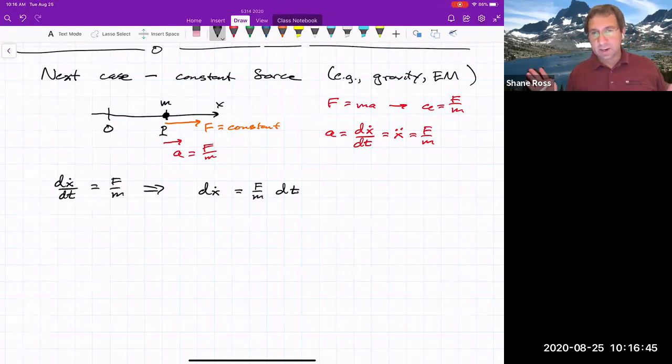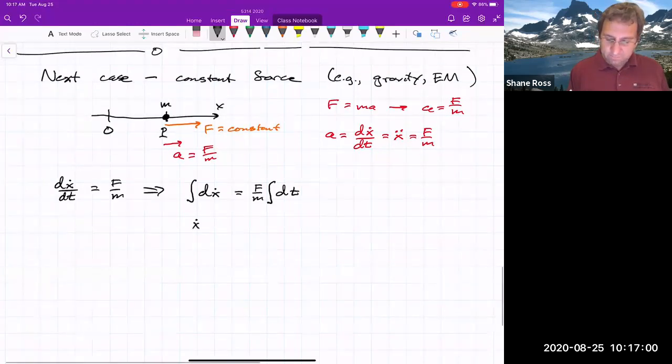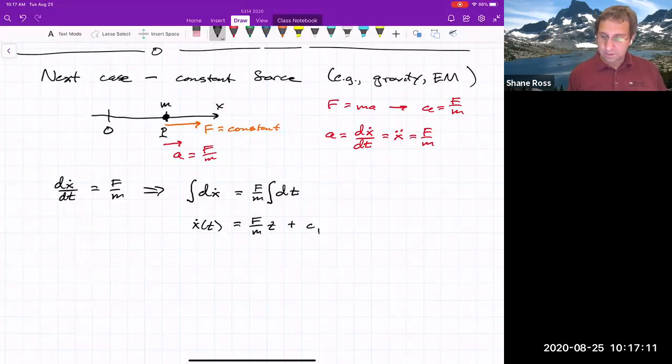F doesn't depend on time, so m also doesn't depend on time. So now when we write the integral, we can pull F and m out of the integral, and this is what we've got. So the next step would be just write what this is, F over m, and then the integral of dt is t, and then we have a constant of integration. Let's evaluate that constant of integration.